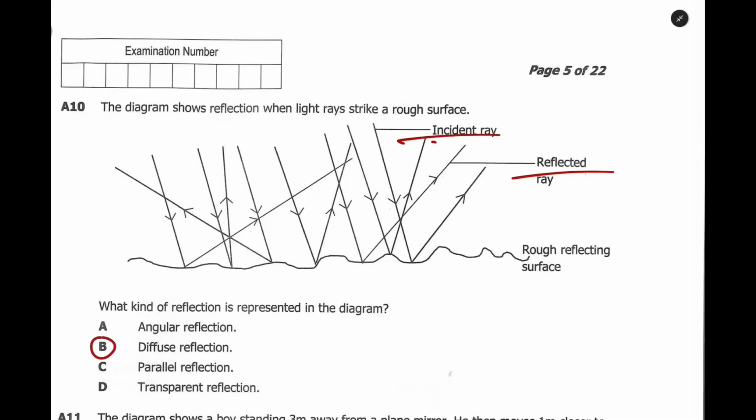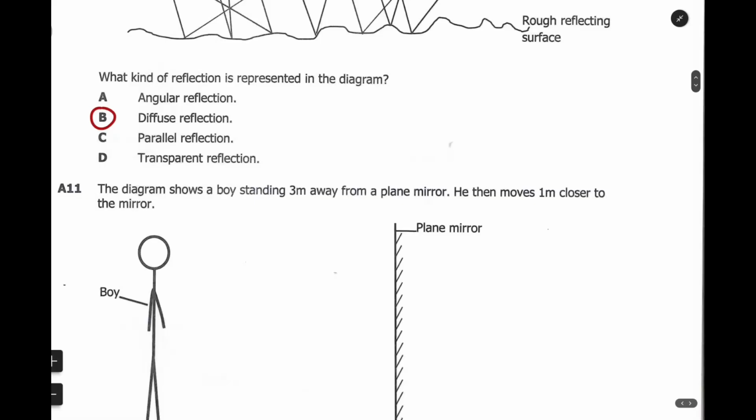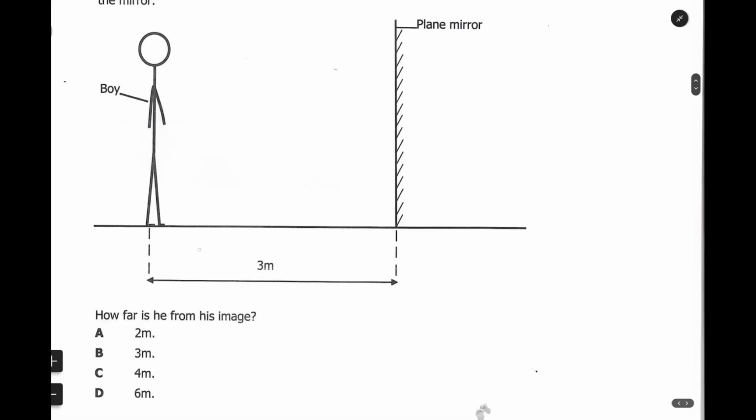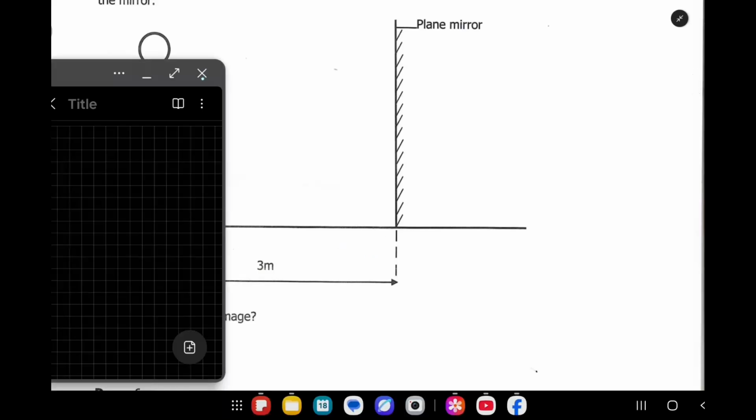So here the answer is B. Okay, let us look at question 11. The diagram below shows a boy standing 3 meters away from the plane mirror. He then moves 1 meter closer to the mirror. Now, one thing you should understand is the characteristics of the image formed.